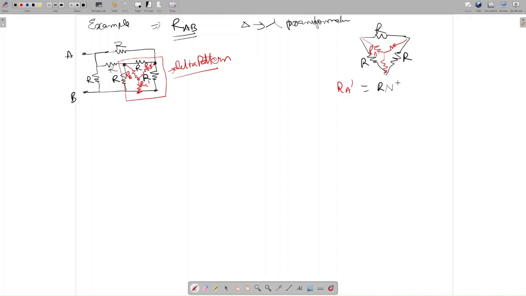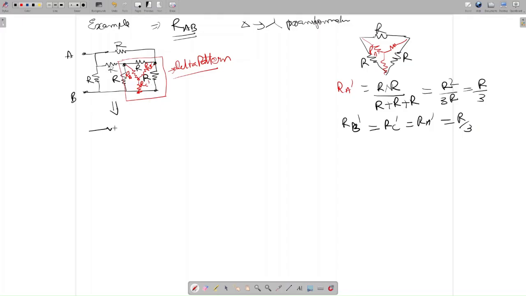So R into R divided by the sum of the resistances in series. So it becomes R squared by 3R, which is R by 3. RA dash, RB dash and RC dash are all equal to R by 3. So we can convert this. Now this has been transformed to this pattern.